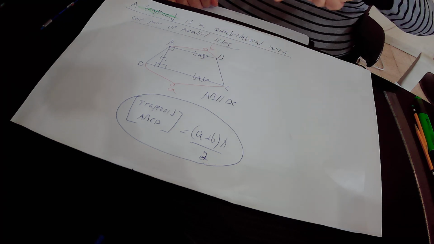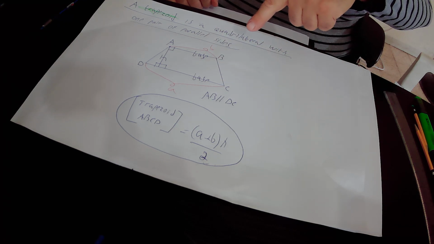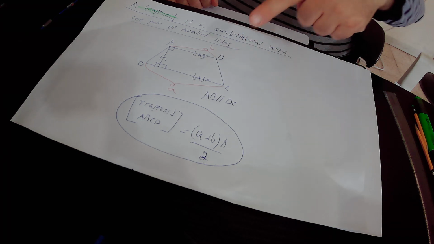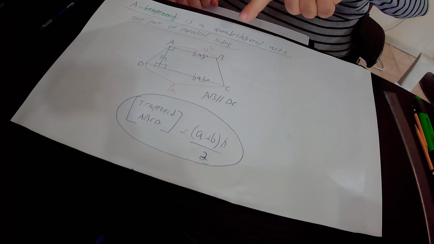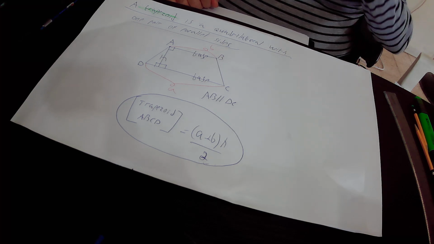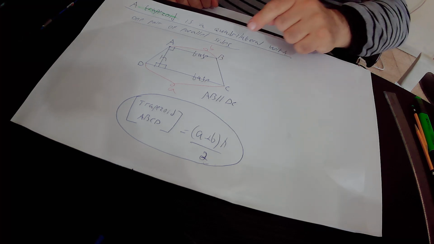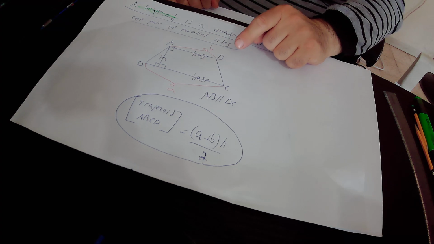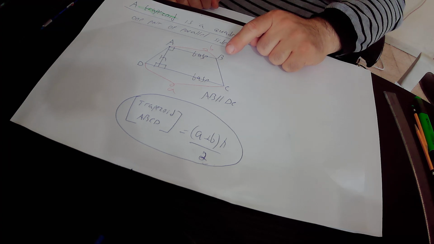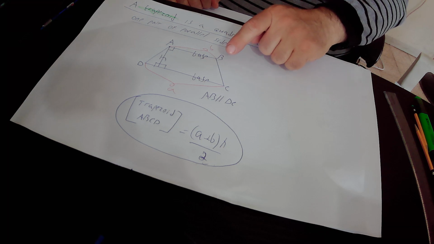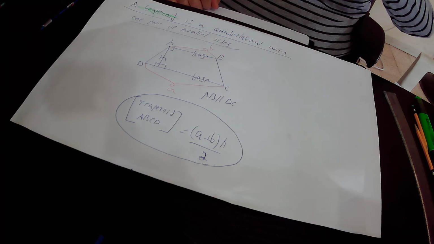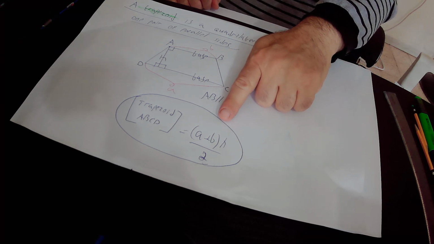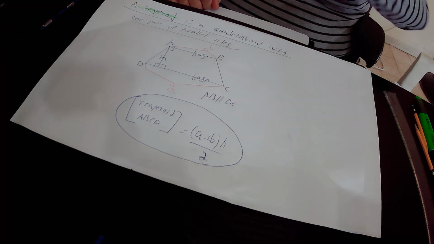So the sum of the two bases is B plus A, or A plus B, times the height, that is h, over 2. A plus B times h over 2.